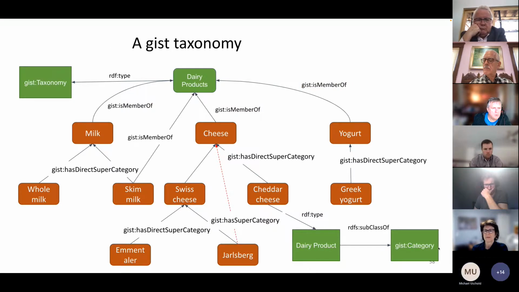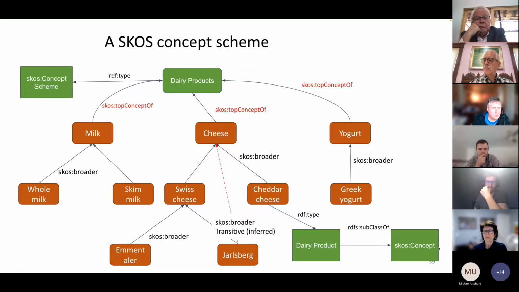I basically just copied this to make the SKOS concept scheme, just renaming things. So instead of a gist taxonomy, this is a SKOS concept scheme. These are all concepts. And the broader than relationship is the same as just has supercategory. And they have the distinction broader transitive, which is the transitive version.